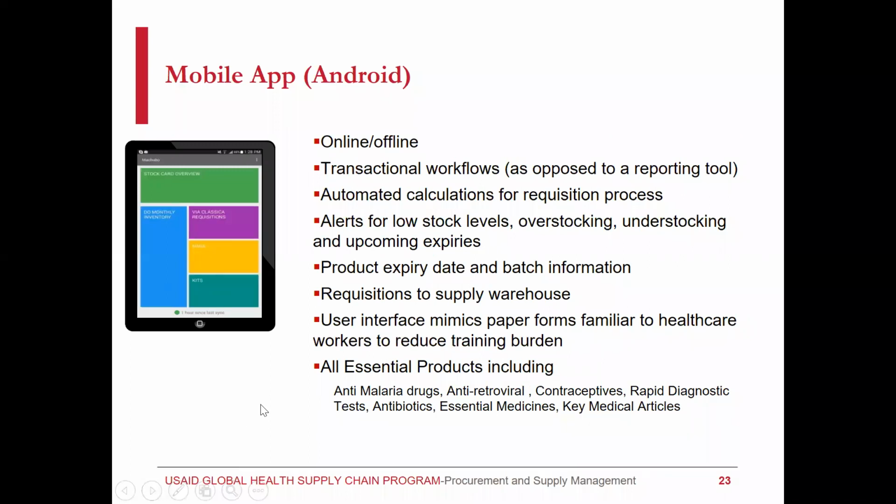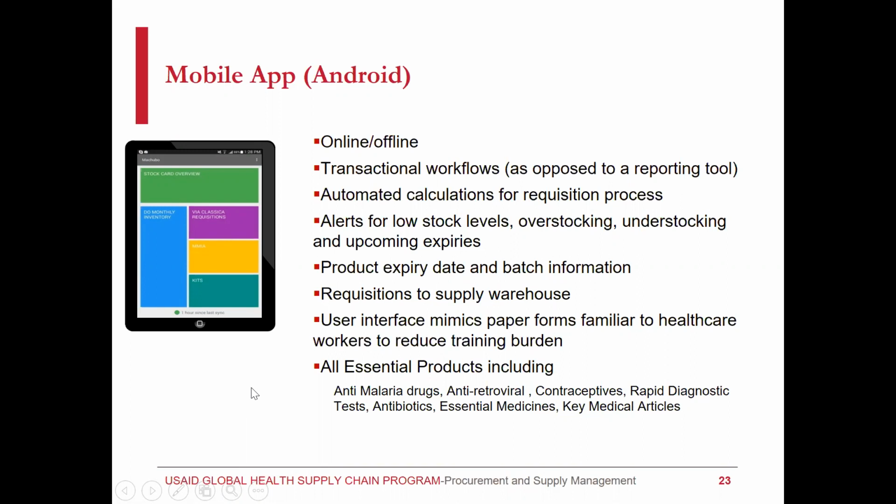So this mobile app is good because it works online or offline, and it has a transactional workflow, automated calculation for the requisition process, and gives us alerts for low stock levels, overstocking, understocking, and upcoming expiry, and product expiry date and batch information.